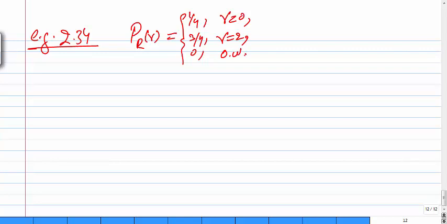This is the PMF, and we already calculated the expected value of this PMF in the previous example: mu r is equal to 3 by 2.